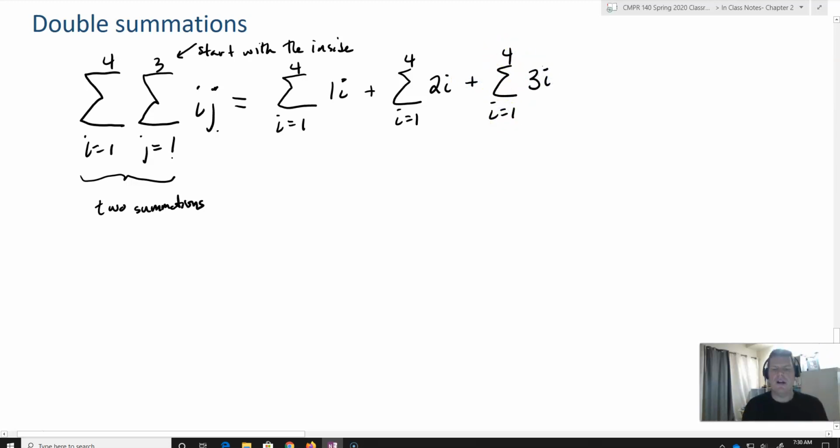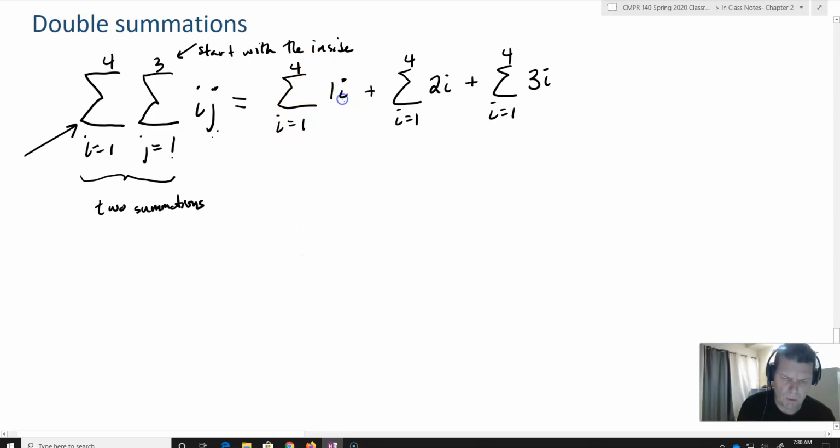So what you're going to notice is that we're going to iterate the outer summation as many times as we have the inner summation. All right, and now we're going to have to evaluate each one of them.